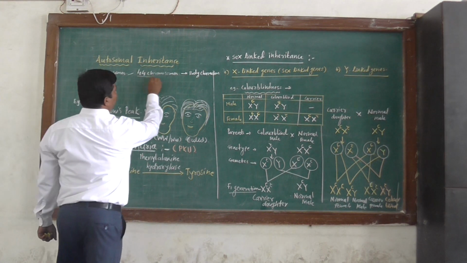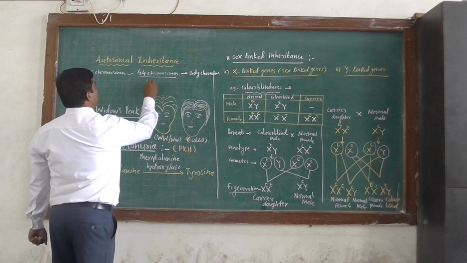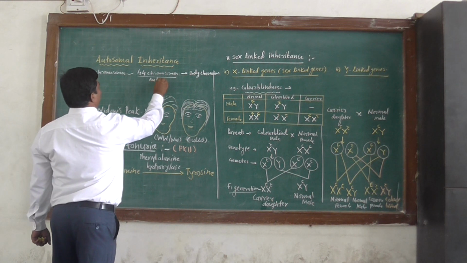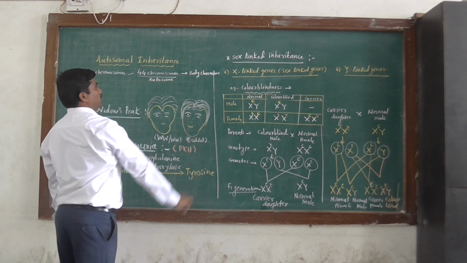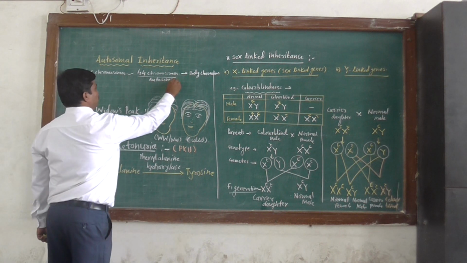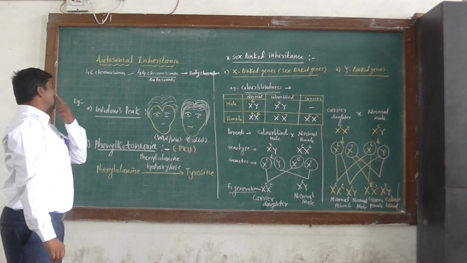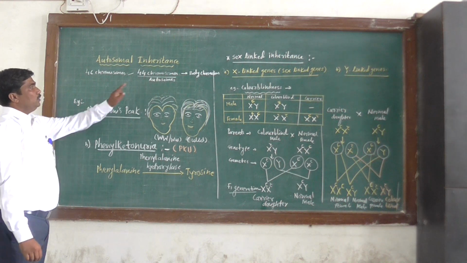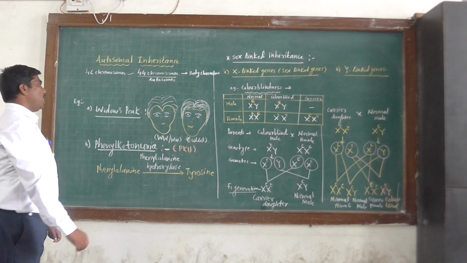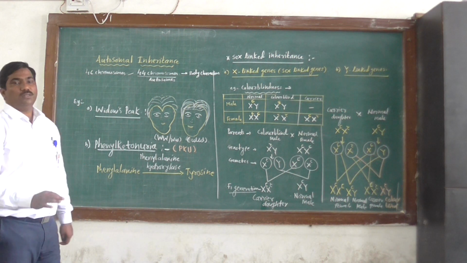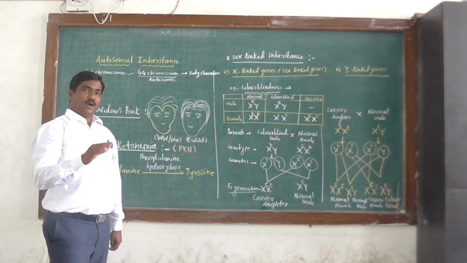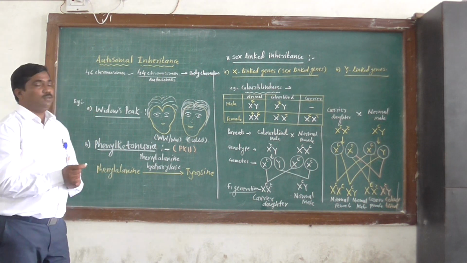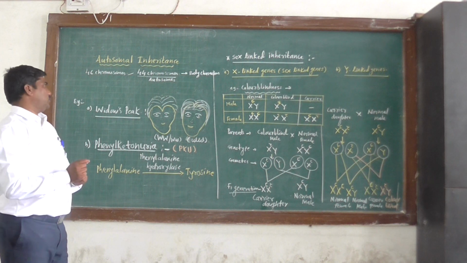These 44 chromosomes are known as autosomes. So how many autosomes? 44 chromosomes, these are the autosomes, and they control the body characters, a variety of traits in the human body other than the sex.